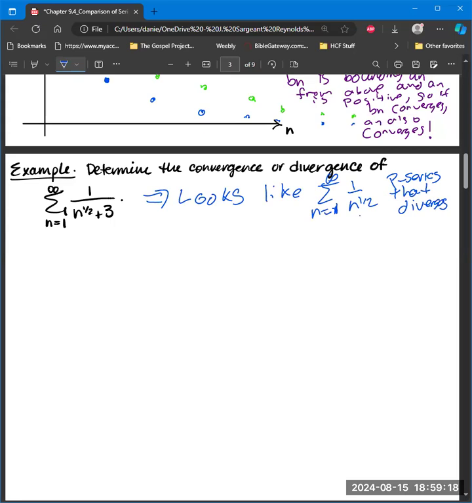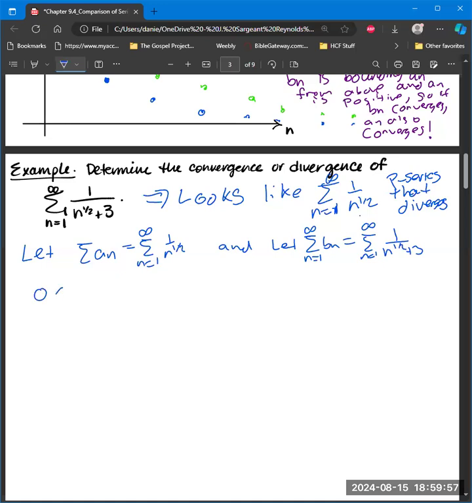And so if we try and let an be equal to the sum n equals 1 to infinity of 1 over n to the 1/2, and we let bn equal the sum n equals 1 to infinity, 1 over n to the 1/2 plus 3, then we need to show that an is less than or equal to bn.